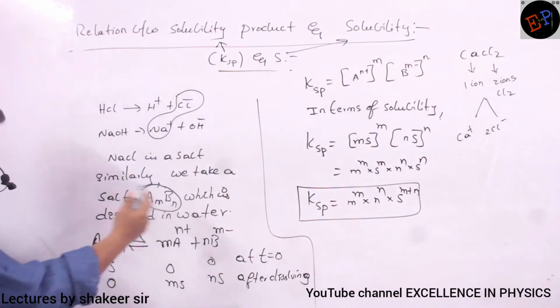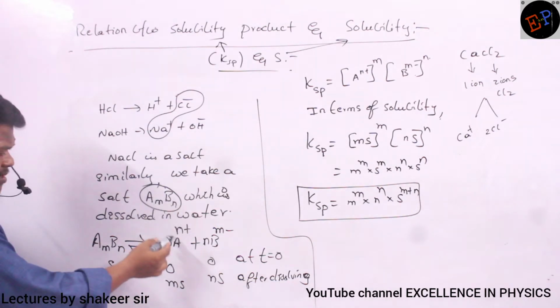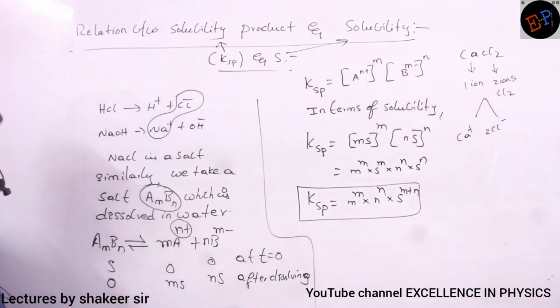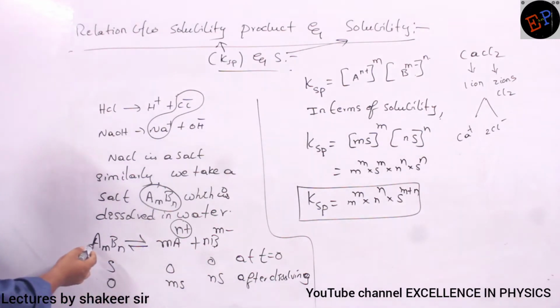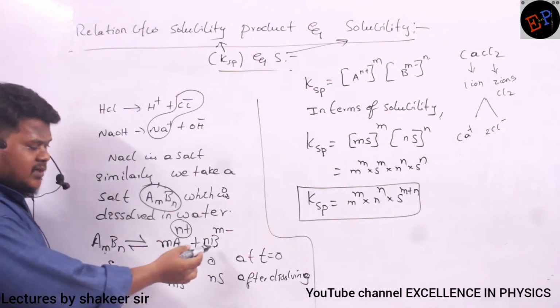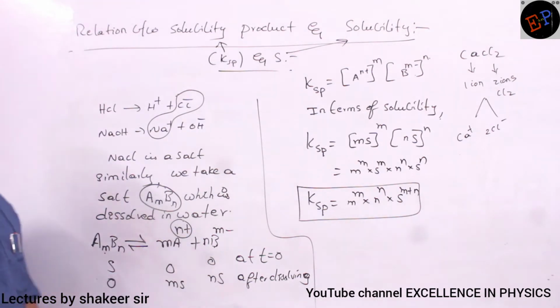So when the n ions get separated or dissociated, what sign will it get? It will get n plus only, no? Are you able to understand? Similarly, to B, how many ions of A are attached? m ions of A are attached. So when they get dissociated, what power will B get? B will get the power of m minus. Are you able to understand?